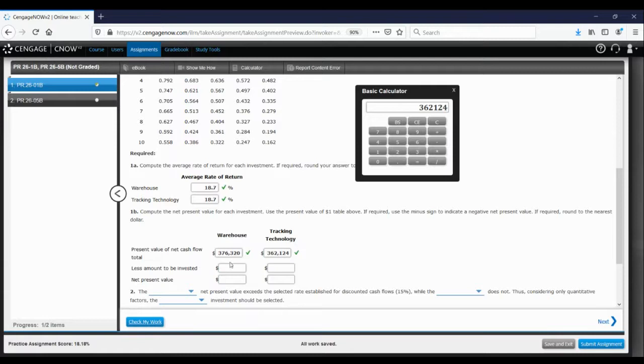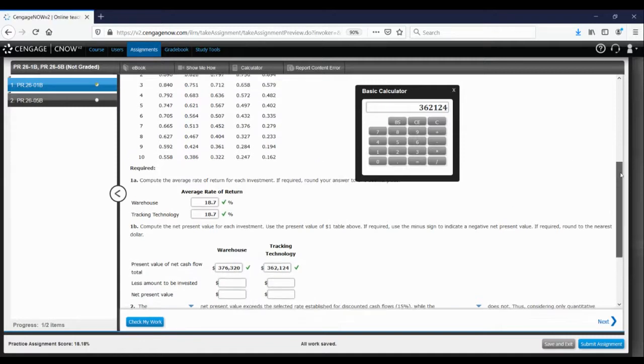And so what this did is this gave me the total present value of my tracking technology. Then what I want to do is write down the amount to be invested. That's going to be what the investment is going to cost us.